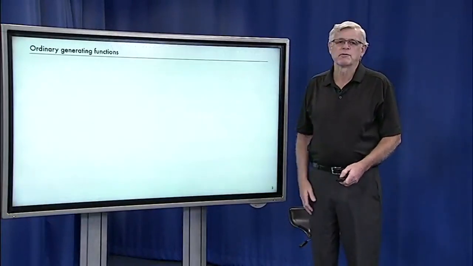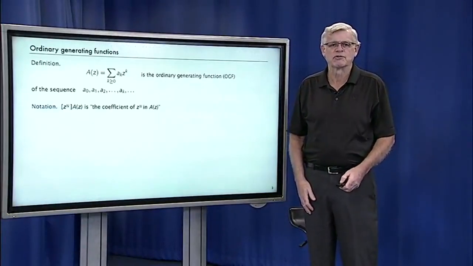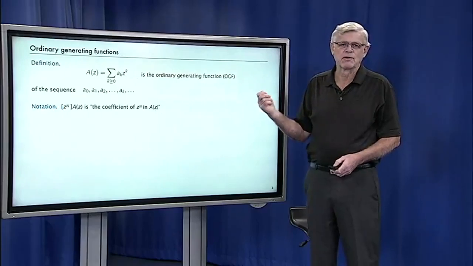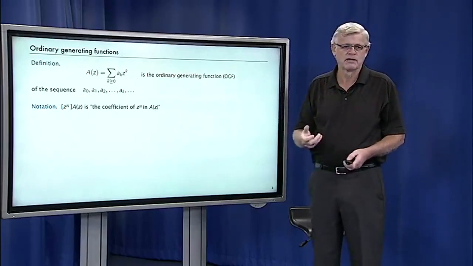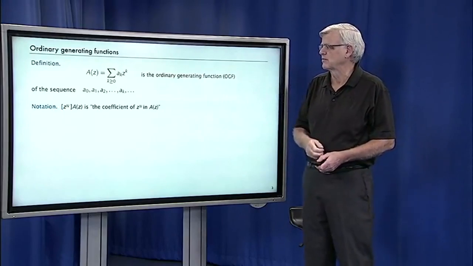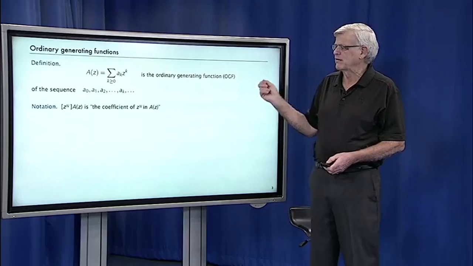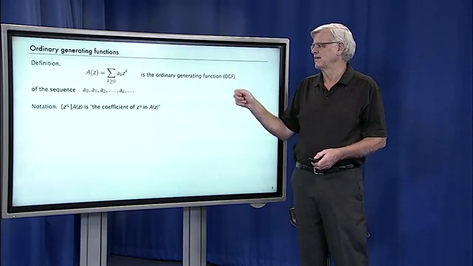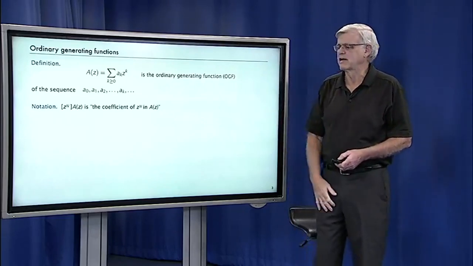And the first thing we'll talk about is what's called ordinary generating functions. So there's a definition of what is an ordinary generating function. It's a function that's defined as an infinite sum involving a free variable, z in this case, over a sequence. So given a sequence, a0, a1, an infinite sequence, like the types that we were working with in recurrences, the ordinary generating function of that sequence is obtained by multiplying the kth term by z to the k and then summing over all k.